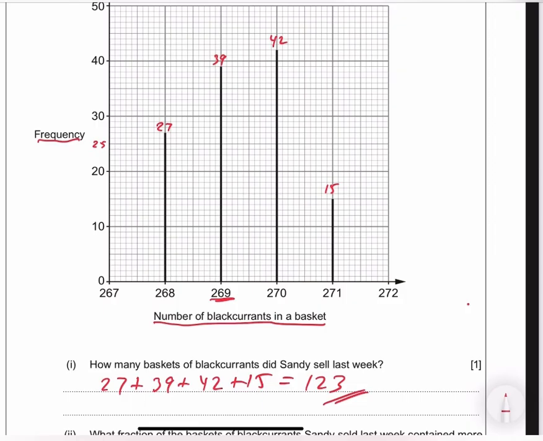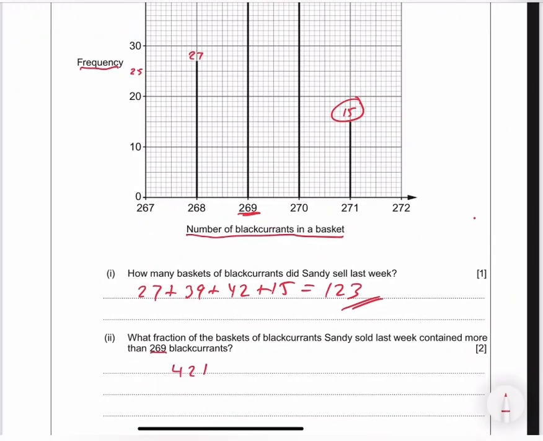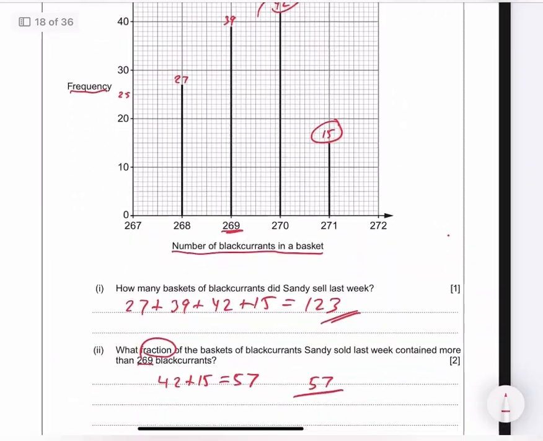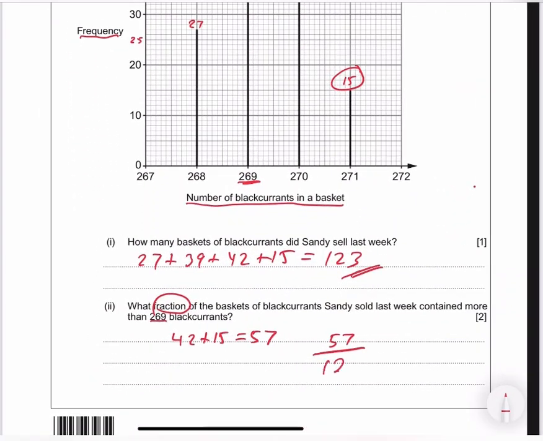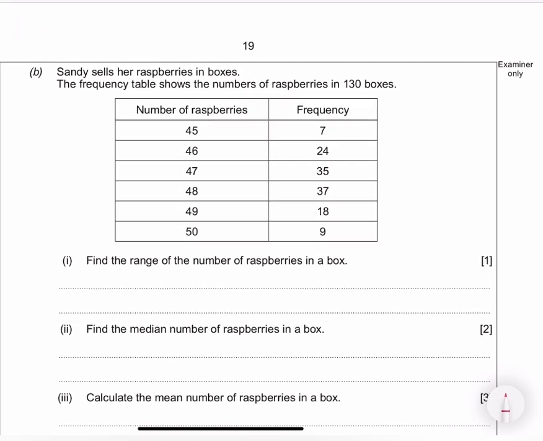We're just going to go for the other two numbers, which is 270 and 271, and add those numbers on the top, 42 and 15. That's actually not the number of baskets, it's the number of blackcurrants in a basket. So let's add them together. That'll give you 57. We need to write it as a fraction. So the total number of baskets was 123. So the fraction of the baskets is 57 over 123.